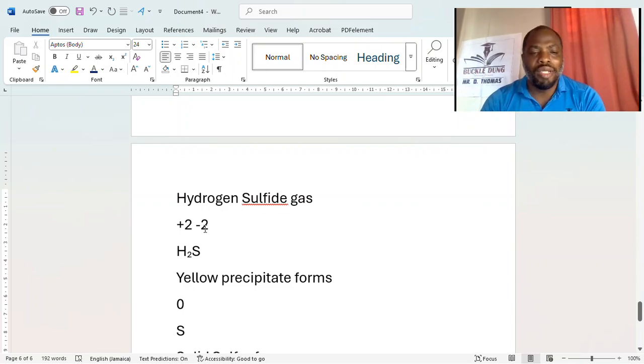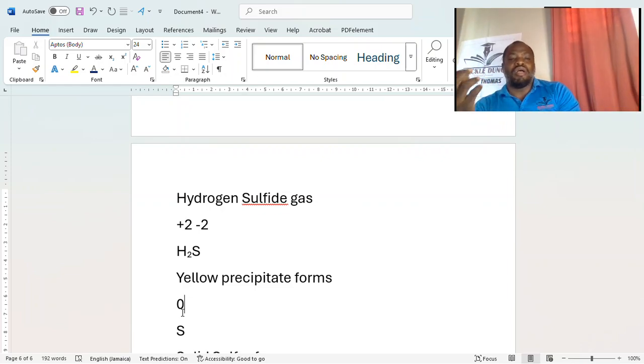If I'm moving from -2 to 0, I'm increasing. So we know an increasing oxidation number is oxidation. Also, as we said, these two hydrogen ions would have given the sulfur the 2 electrons. Now the sulfur is being forced to lose those 2 electrons that it got. We know the loss of electrons is oxidation.